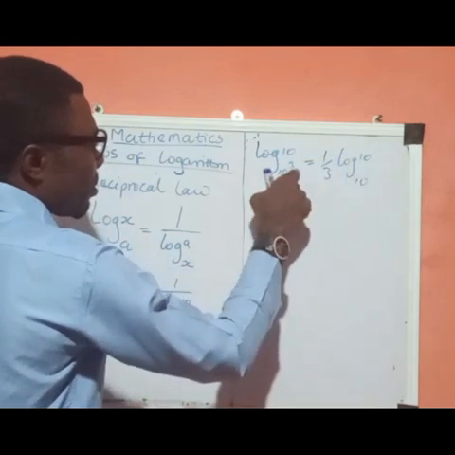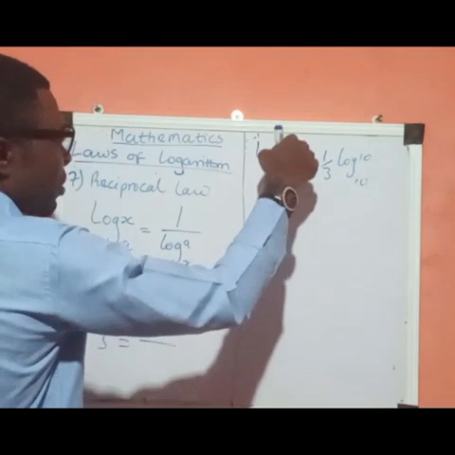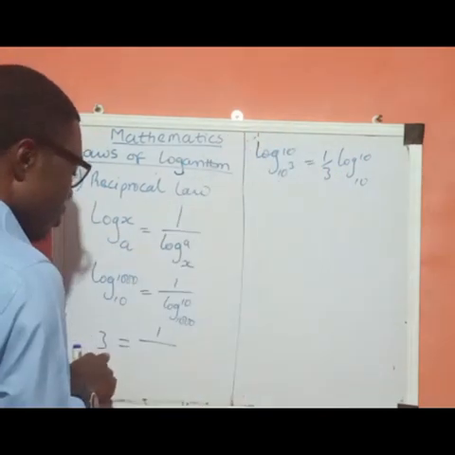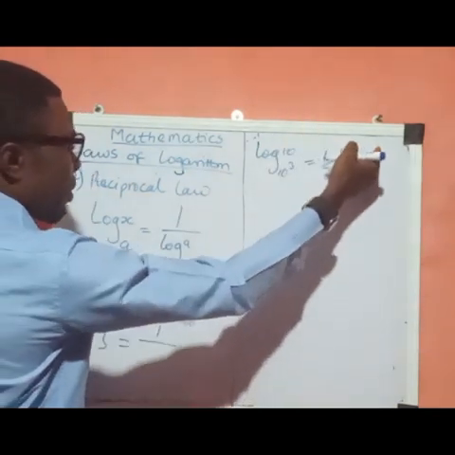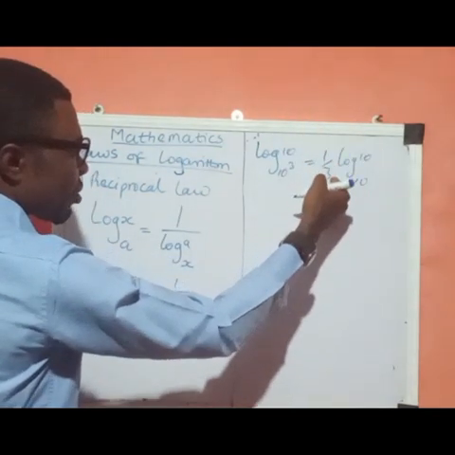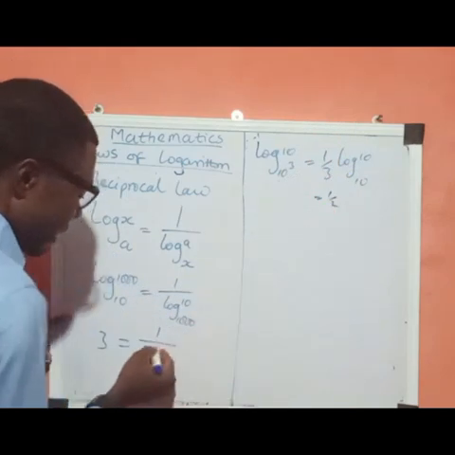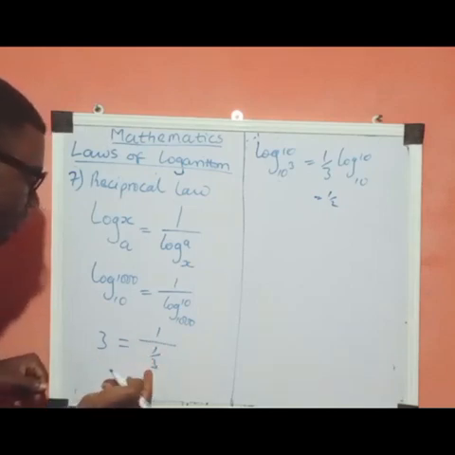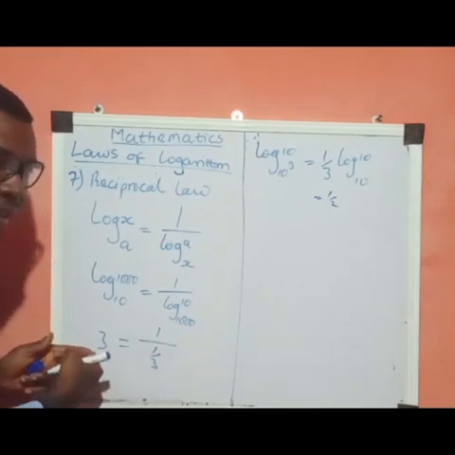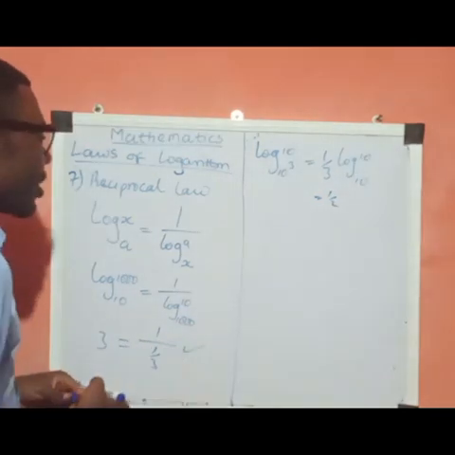This 3 becomes 1 over 3 because it's the base that's carrying the power. If it is the number carrying the power, it comes behind, and that's how we got this 3 here. And log 10 base 10 is 1, because log of a number to its own base is 1. So the answer is 1 over 3 here. So the reciprocal of 1 over 3 is definitely 3. And you see that the law is correct.